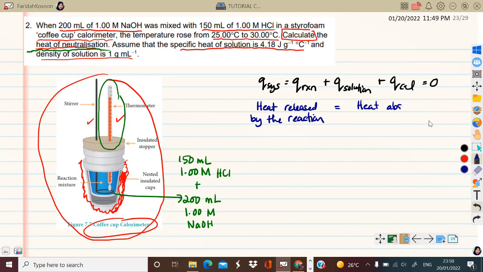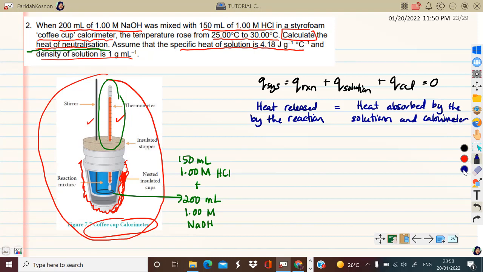Kita kena tengok kat sini. Saya tulis dulu yang asas. By the solution, and calorimeter. Ini secara asasnya begini.